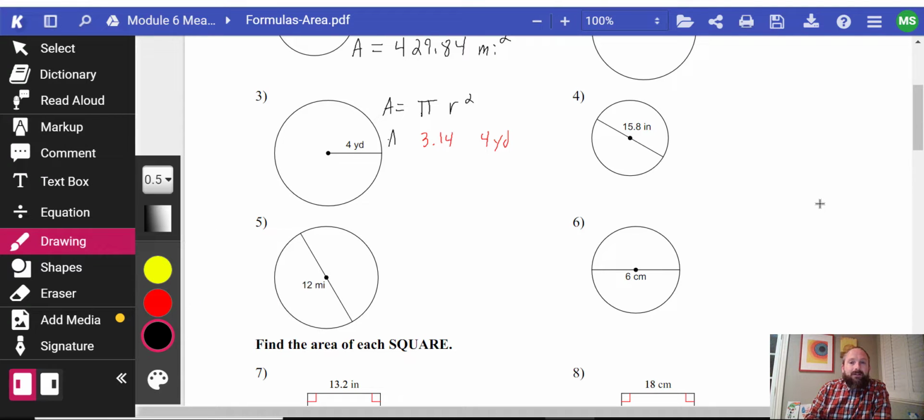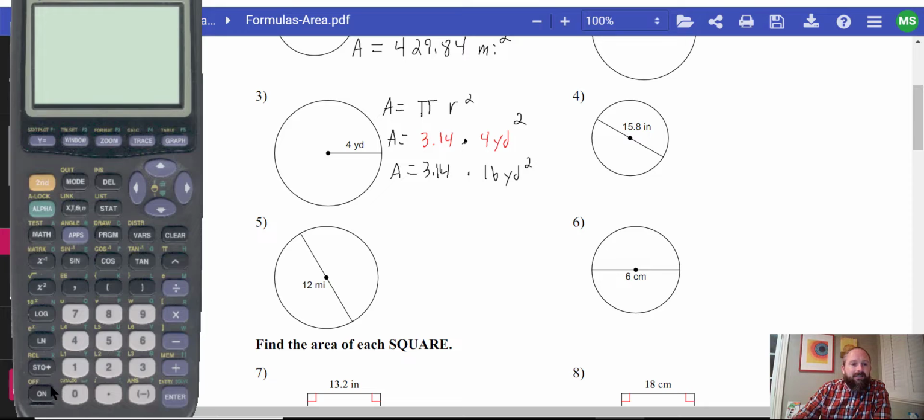And so the area will equal 3.14 times 4 yards squared. Sometimes I don't need to use the calculator. So this is going to be 16 yards squared times 3.14. Now I'm getting to the territory of, hey, can't do this in your head anymore.